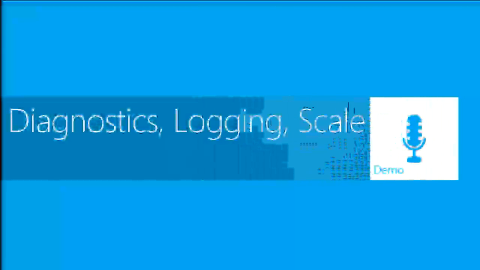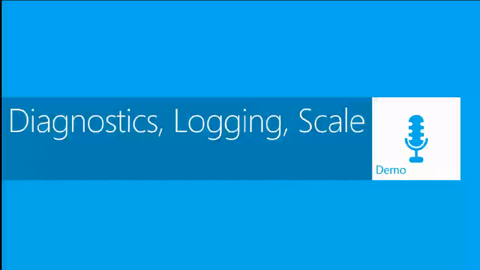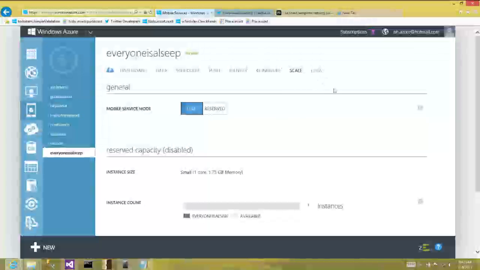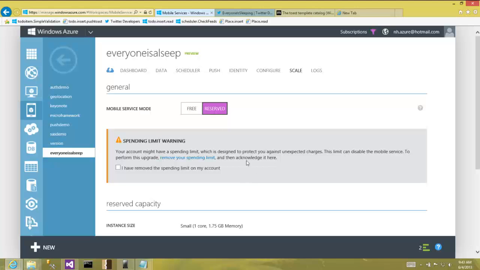So I'll just show you in the last 2 minutes and 13 seconds the scale option in the portal. Like most or all of our services in Azure, we've got this scale option. Now by default, we do get the 10 free mobile services in free mode, which is sort of shared. If we go across to reserved, it does say, hey, this is going to incur a cost.